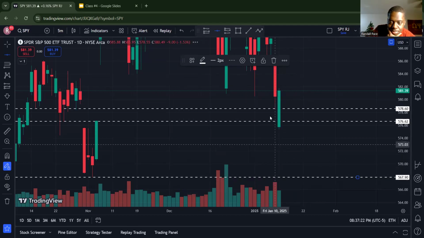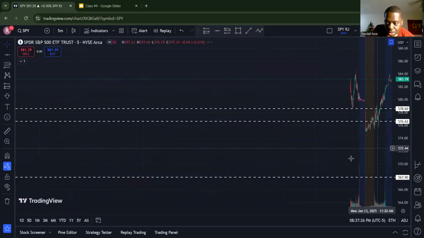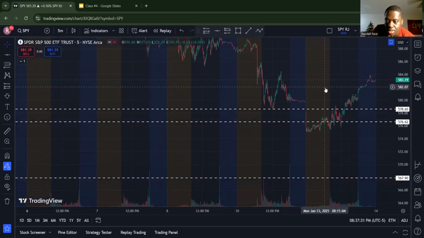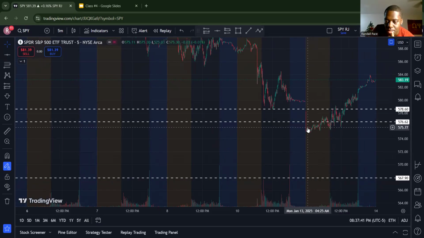During pre-market, in a picture perfect world, we would have had SPY open above this level so we can take the break and retest here and take it down to here. But we didn't get that though. We had the pre-market open up in here.